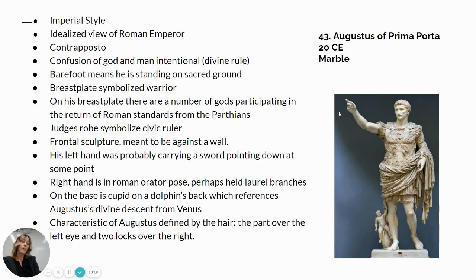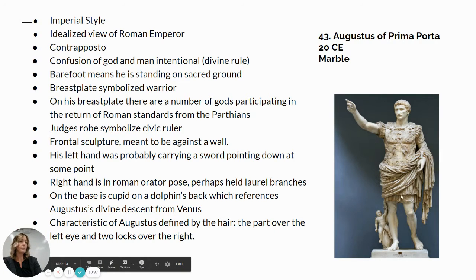And there are a lot of theories that within his hands, maybe there are some things that are missing. So, for example, in his left arm here at his side, a lot of art historians believe that there was probably a metal sword that he held downward in front of him. That typically was a symbol to show a person as a successful warrior, but also when the sword was down, it represents that they're in a time of peace.